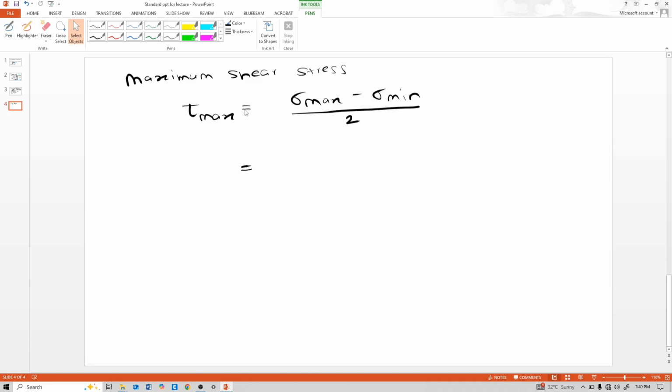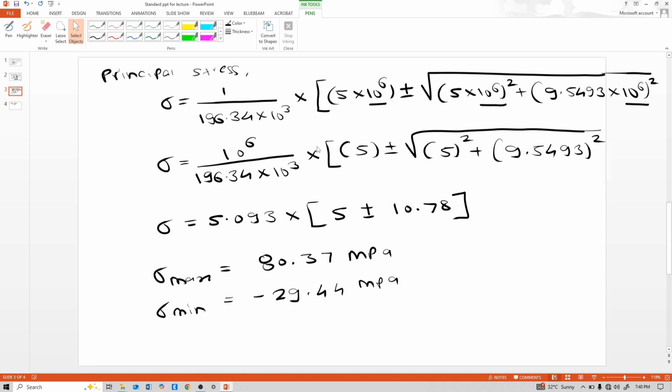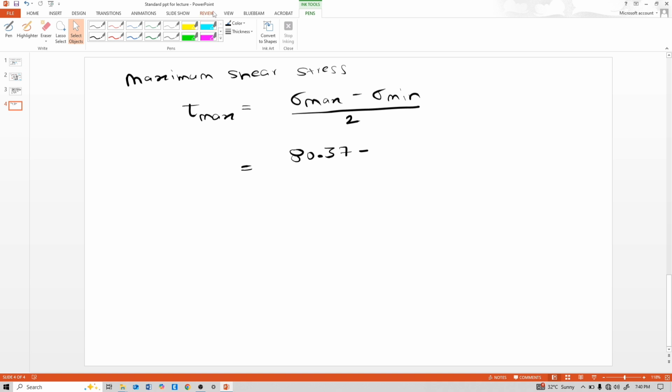So 80.37 minus minus 29.44, divided by 2. So it is 54.91 MPa.